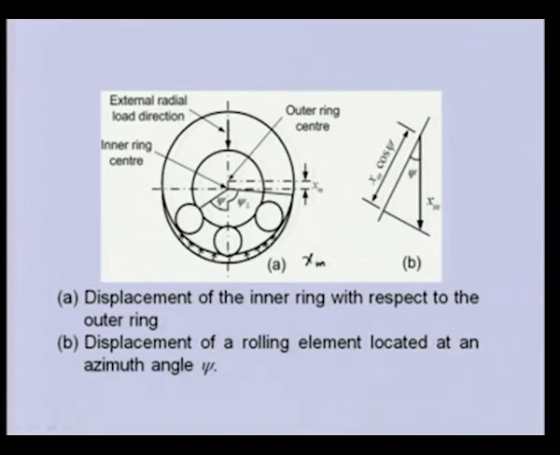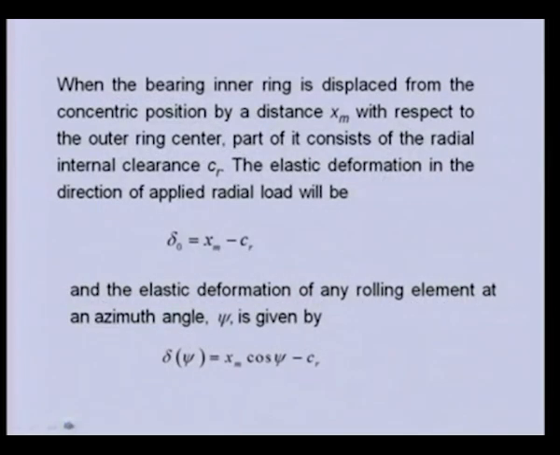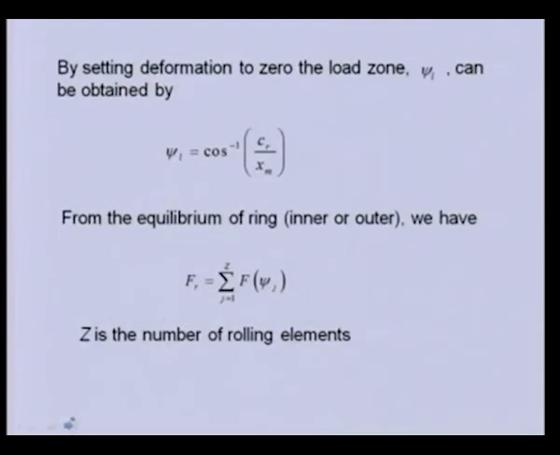So basically putting this equal to 0, we are trying to find out what is the angle xi for which there is no deformation. So this will give us the load zone relation, and for 0 clearance we will be having pi by 2 load zone.